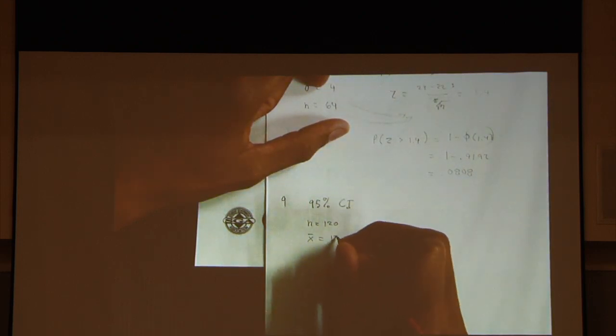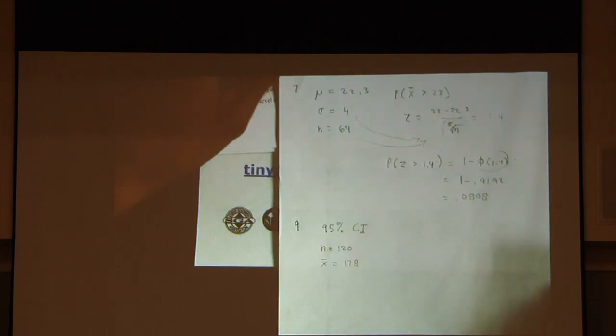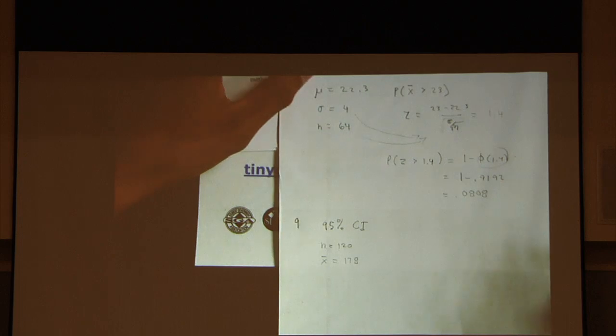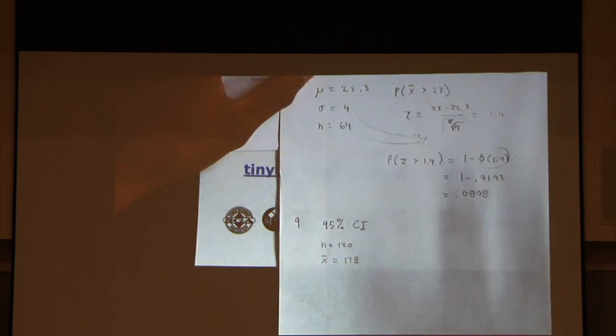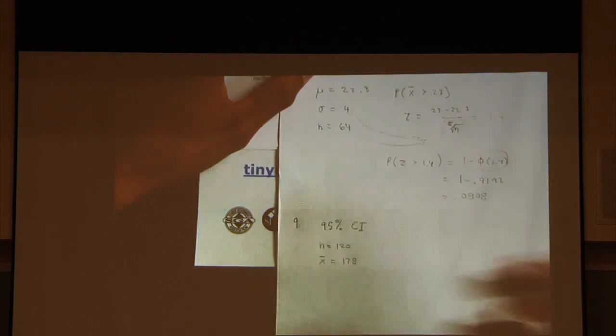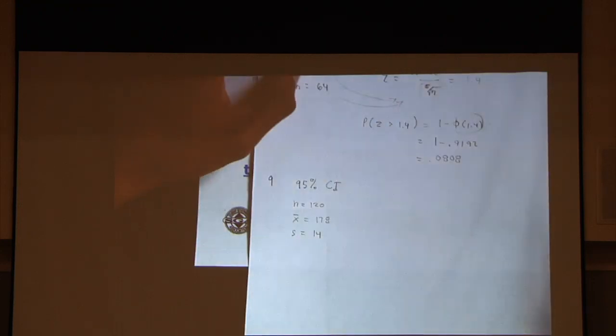So you ran an experiment. Let's say your boss gave you 120 batteries and told you to figure out the capacities so that they can write it on their requirements for the packaging. You run the experiment and you figure out that the average is about 178, the standard deviation of 14, right? Just for your given sample.